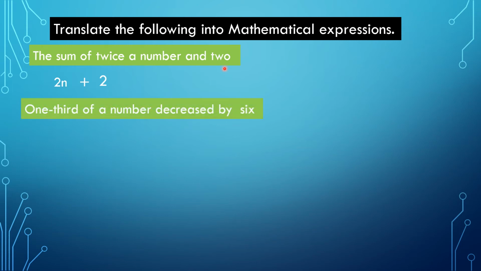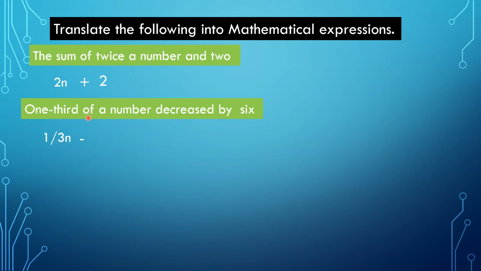Next, 1/3 of a number decreased by 6. So we have here decrease, which means subtraction. And we have 1/3 of a number. So 1/3 of n, which means we are going to multiply.